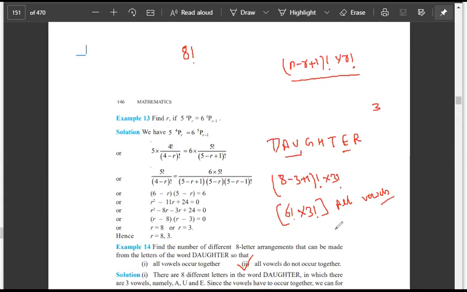So what do you think? What would be the answer where all vowels are not together? It is total minus all vowels together, yes or no? If you subtract the number of ways in which all vowels will be together from the total, it will give you the second case, right everyone?